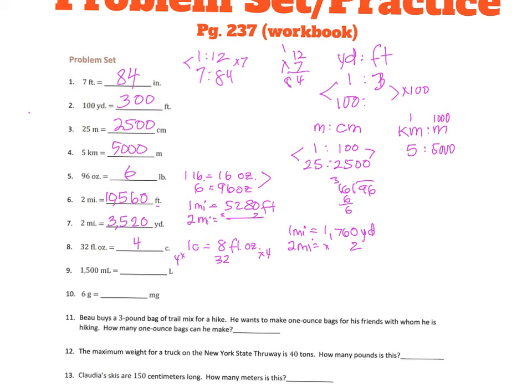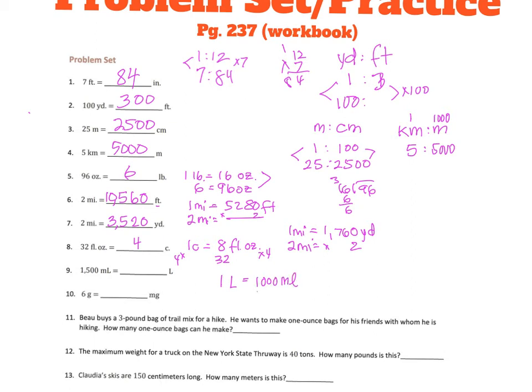How about milliliters to liters? So I'm looking at my chart on 231. Milliliters, so this is going to be a liquid. I'm looking at milliliters to liters, so I'm looking at the metric capacity, and it says 1 liter is equal to 1,000 milliliters, okay?